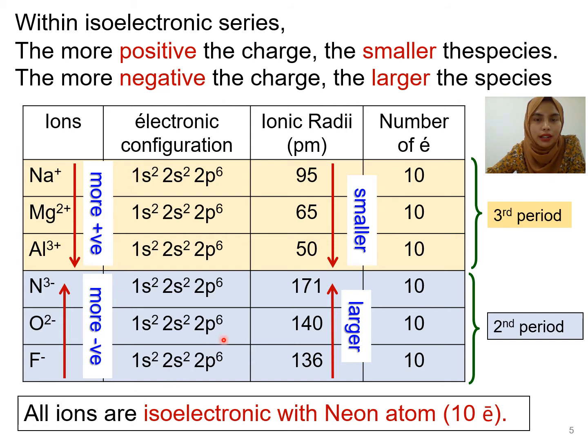Therefore, they are isoelectronic species or isoelectronic series, which they will have the number of electrons bila diorang jadi ions 10. So all of the ions are isoelectronic with neon atoms. Okay.